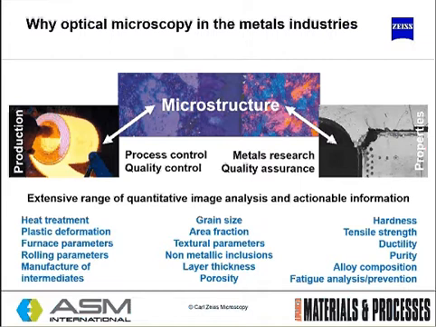And when a single batch of steel is continuously cast, then it may be perhaps even a week from the start to the end of a batch. It's critical to understand in real time or close to real time the evolution of the microstructure of that steel and therefore its performance.